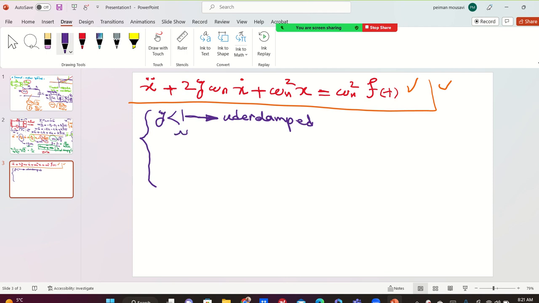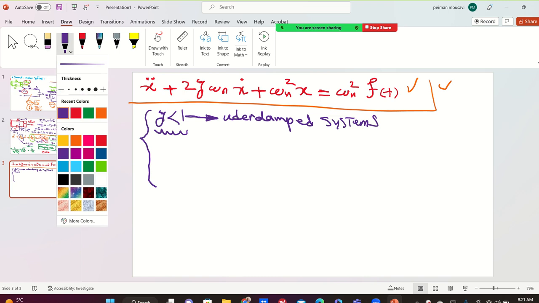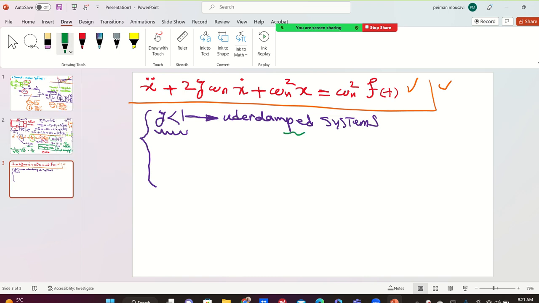So this is a universal sign for us. If a system has zeta smaller than 1, it is an underdamped system. What does it mean? As the name says, damping is not enough. So you're going to have oscillation in the transient response. As your friend says, it's going to overshoot.